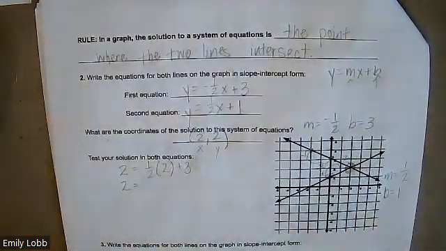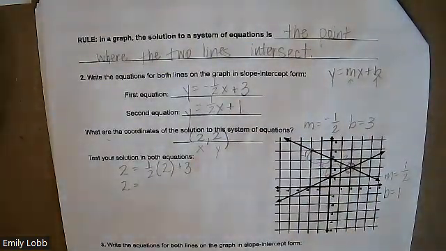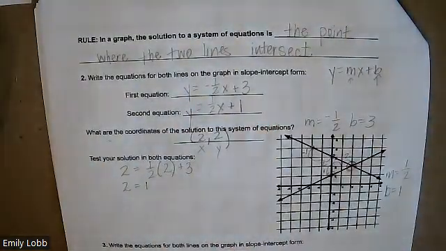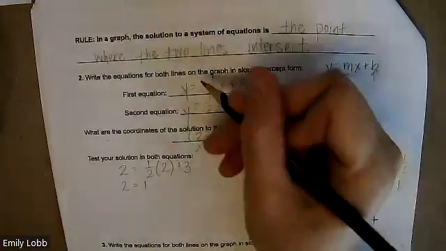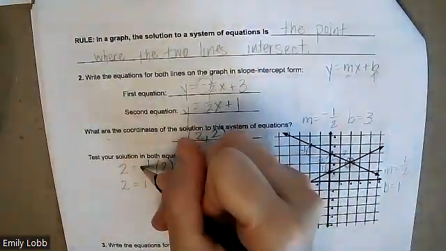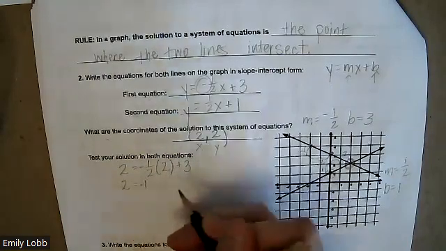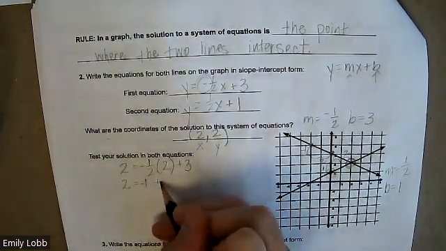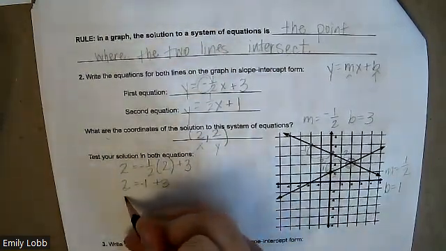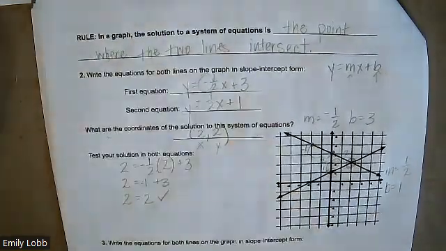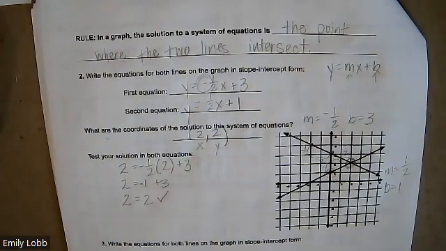What's 1/2 of 2? 1. Oh, what did I do? I forgot to include my negative sign. So I was like, this isn't working. So I have -1 plus 3, which is what? 2. 2 equals 2. This is true.